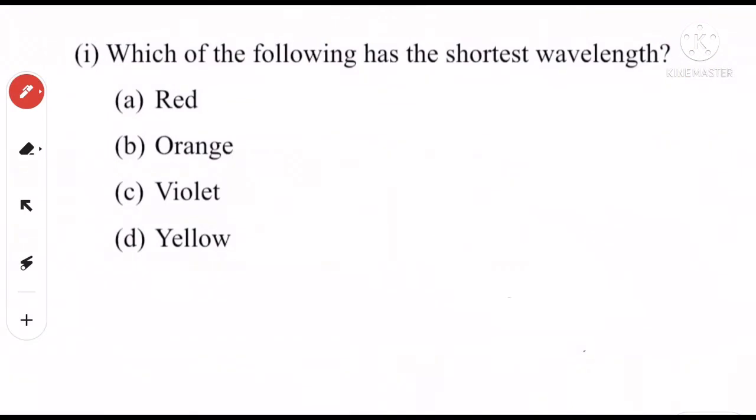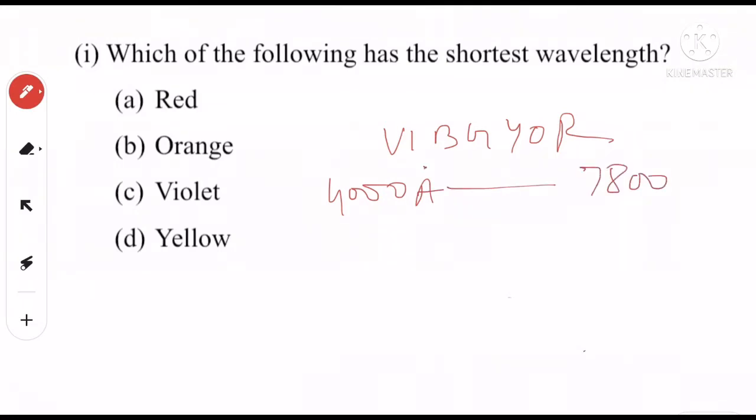First one is, which of the following has the shortest wavelength? We know that from VIBGYOR, the wavelength of violet is nearly 4000, and the visible region wavelength is from 4000 to nearly 7800 angstrom.